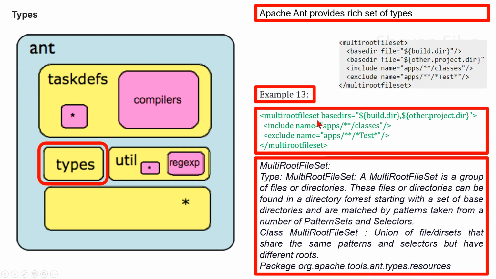Now we are considering a multi-root file set. Type multi-root file set. A multi-root file set is a group of files or directories. These files or directories can be found in the directory tree, starting with the set of base directories, that are matched by patterns taken from a number of pattern sets and selectors.